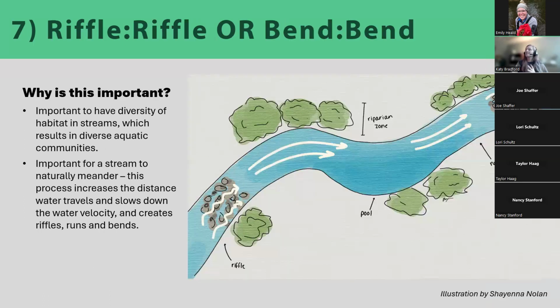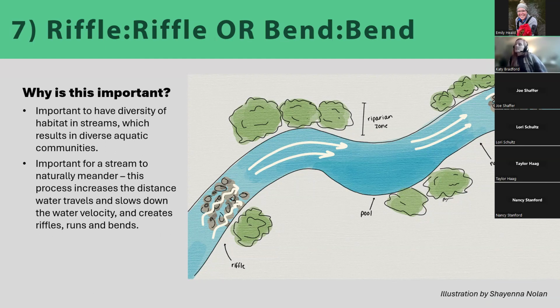And this is the last one: riffle to riffle, or bend to bend. This is important because it's important to have diverse habitats in streams. Riffles, bends, and pools, again, and a nice bendy stream provides a lot of different habitats for fish and macroinvertebrates to hide in and to hunt in.